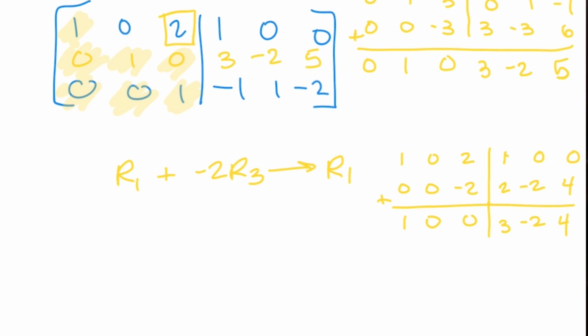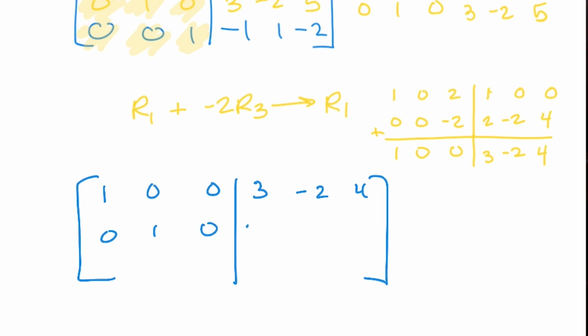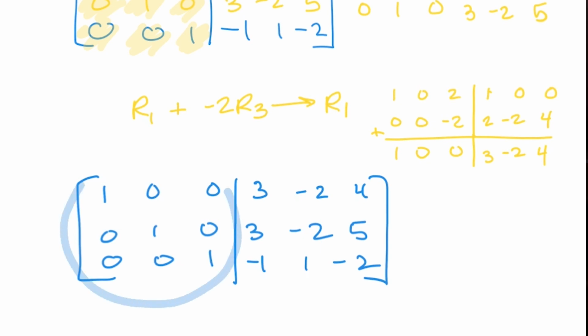So that is my new first row. I didn't change the second row, and I did not change the third row. And look at that. That step actually gave us this last 0 we needed as well. So we have that identity on the left-hand side, and our inverse matrix is right here on the right.